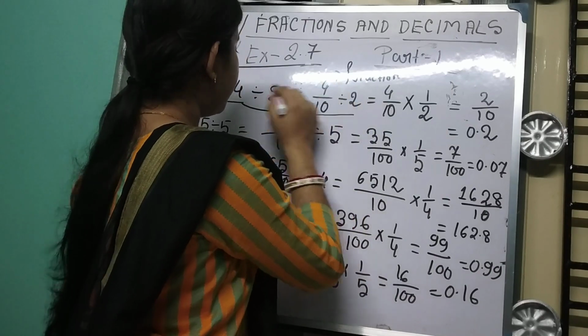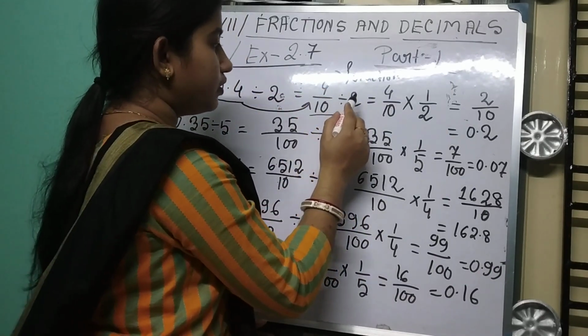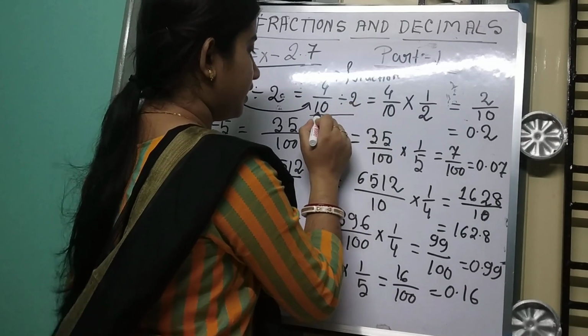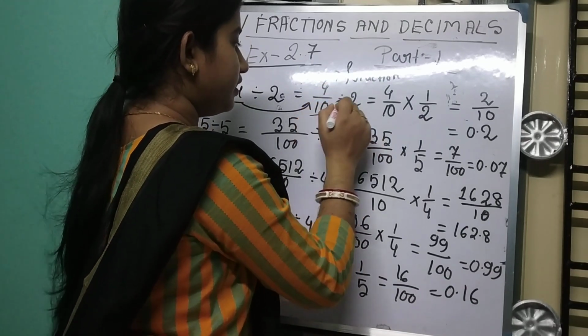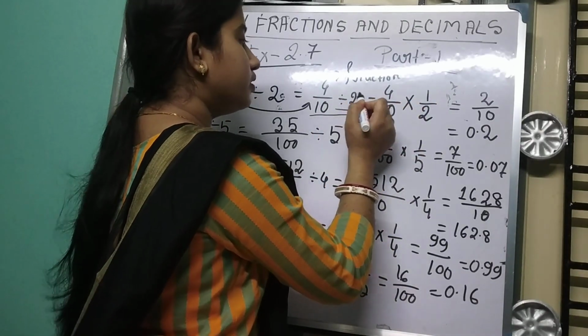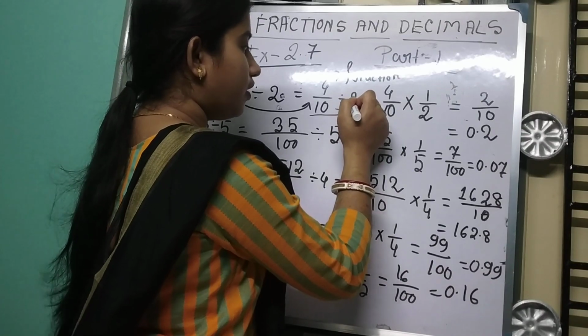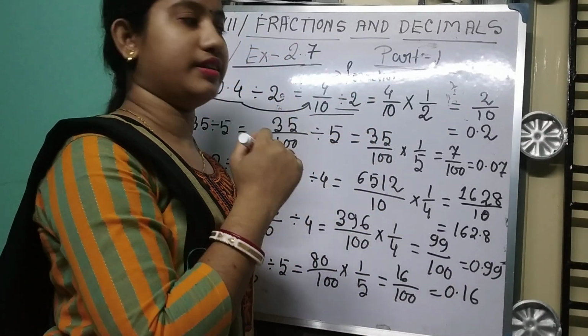So 0.4 means 4 by 10, divided by 2. In the next line we write 4 by 10, change the division sign to a multiplication sign, and write the reciprocal of the number 2. Reciprocal means 1 by this number.